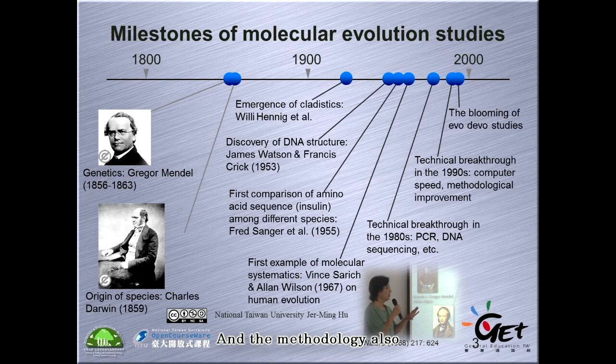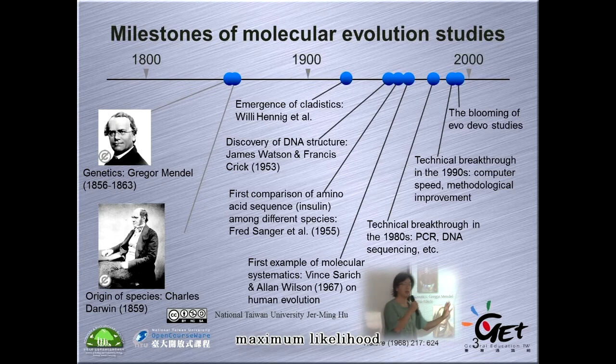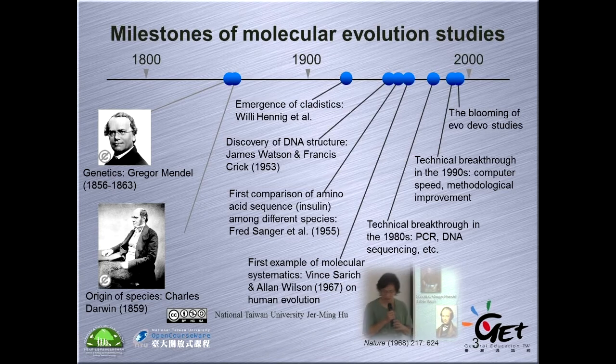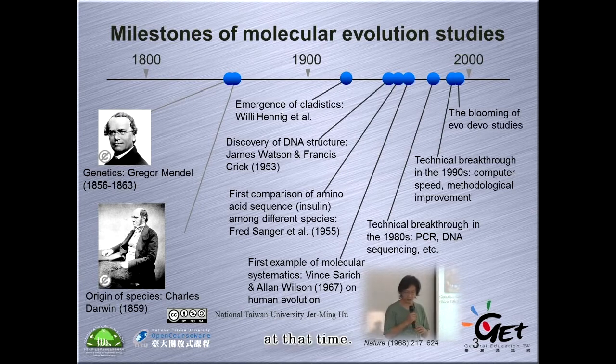And the methodology also improved owing to computer speed during the 1990s. The methodology like maximum likelihood was largely adapted from the 1970s, by Joe Felsenstein at that time.